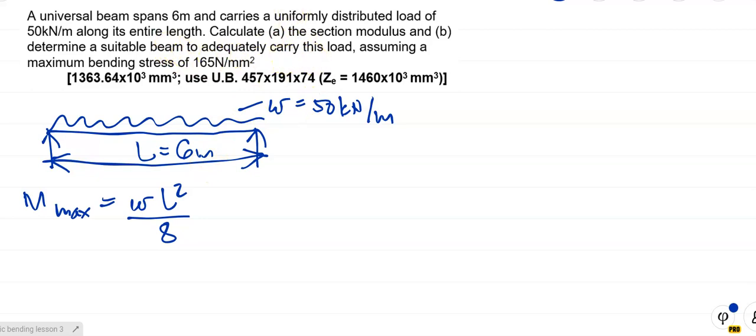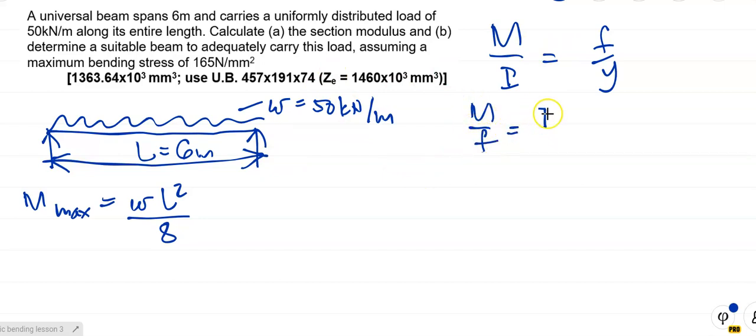Says calculate the section modulus. Right, now section modulus, we know what it is. I'm going to state the formula. M over I is equal to F over Y. Theory of elastic bending. If I do some fancy manipulation here, you will see, if you do the algebra, that M over F is equal to I over Y. If I manipulate positions of I and F, I get that over there.